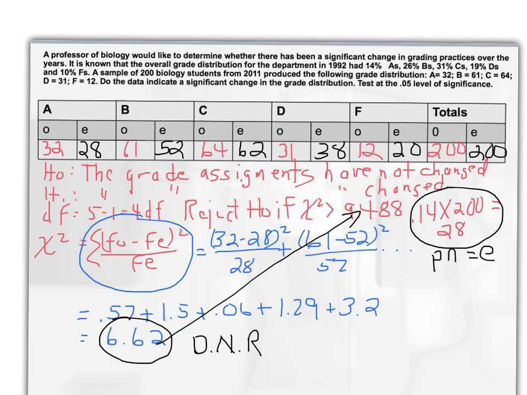We have a dimension of grades, and we have 5 different grade categories. We have a dimension of cell phone design, and we had 3 different designs. But in the next chi-square test, called a contingency table analysis or chi-square test of independence, we're going to have different dimensions. So as you read the next problem, notice again the similarities and the differences.